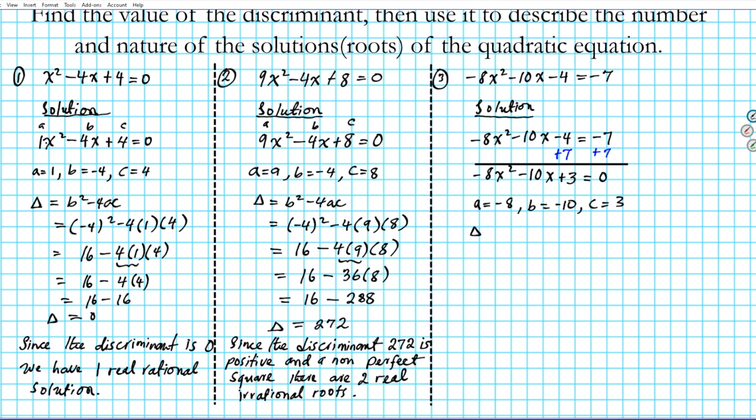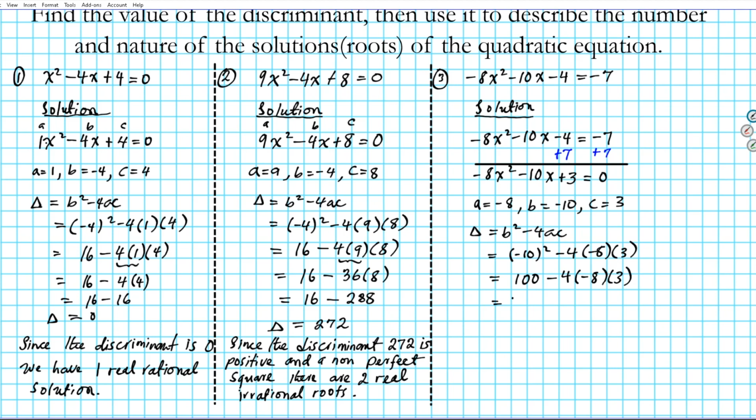The next step is to figure out the discriminant using b squared minus 4ac. If we plug it in, we have negative 10 squared minus 4 times negative 8 times 3. Let's do the exponent first, following order of operations. Negative 10 squared is positive 100.